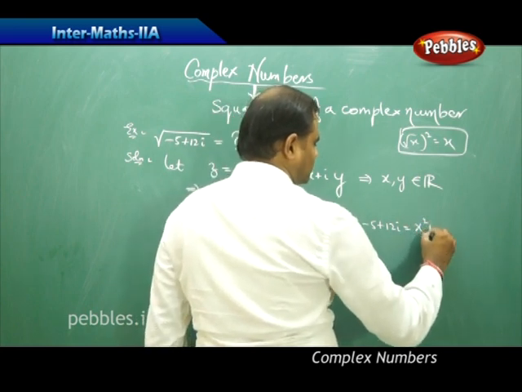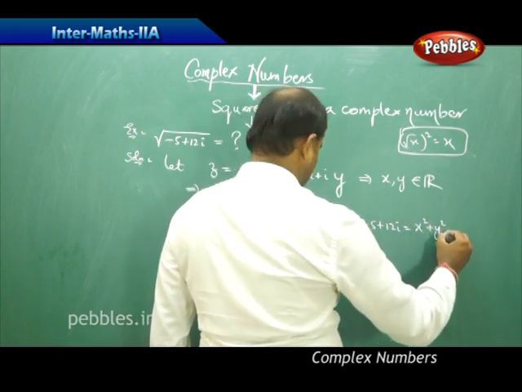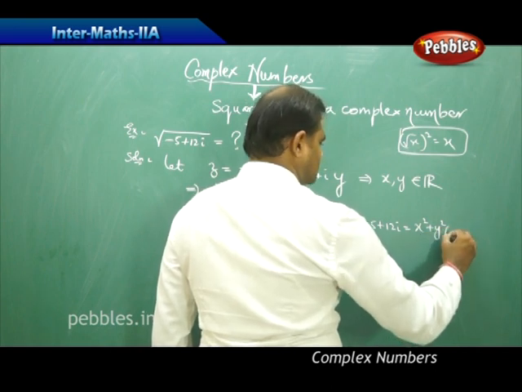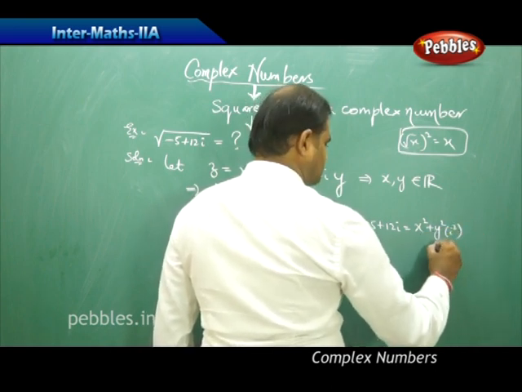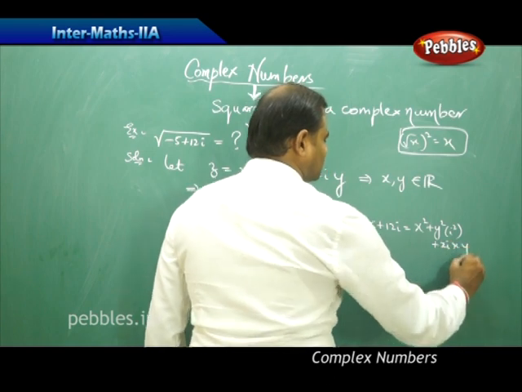That is a² + b² + 2ab, using the formula.